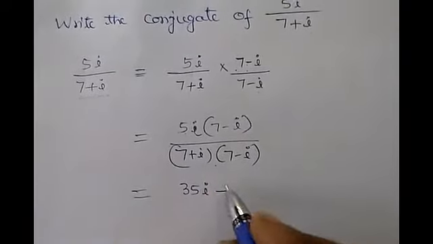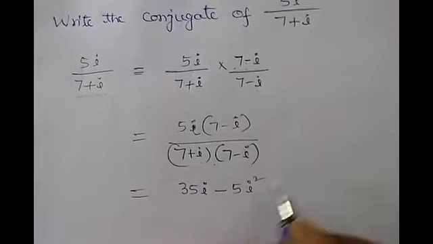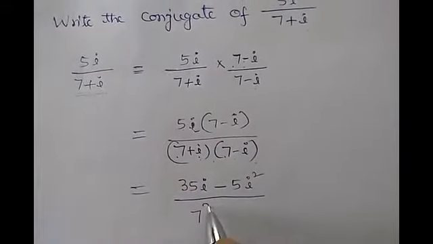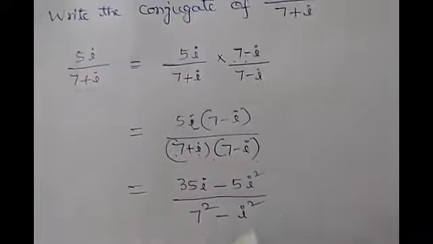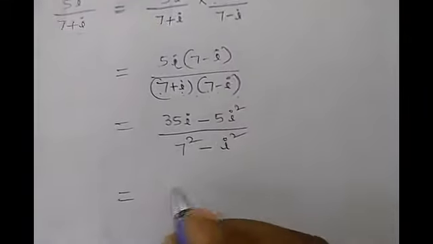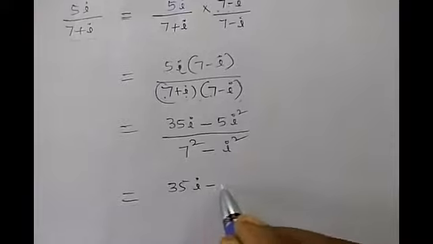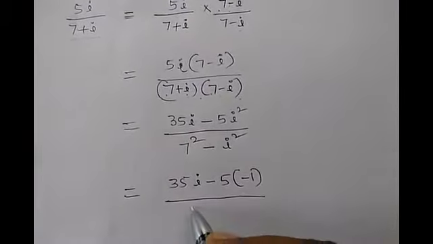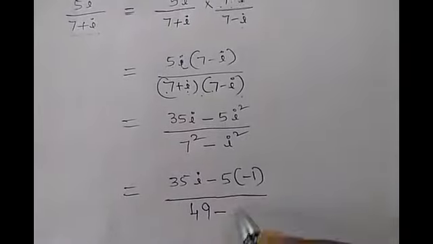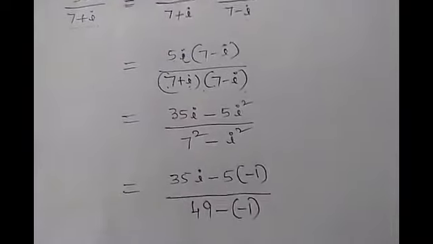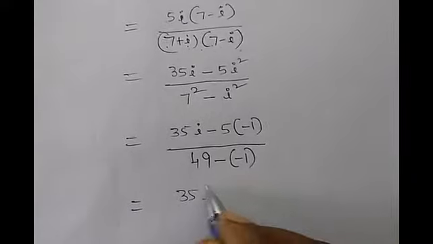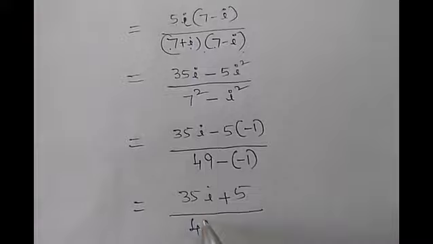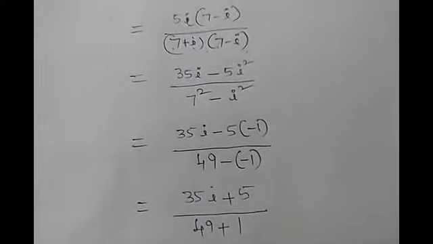Minus 5i into minus i gives minus 5i square, by 7 plus i into 7 minus i gives 7 square minus i square. That is equal to 35i minus 5 into i square, which is minus 1, by 7 square is 49 minus i square, which is minus 1. That equals 35i minus of minus plus 5 by 49 minus of minus plus 1.